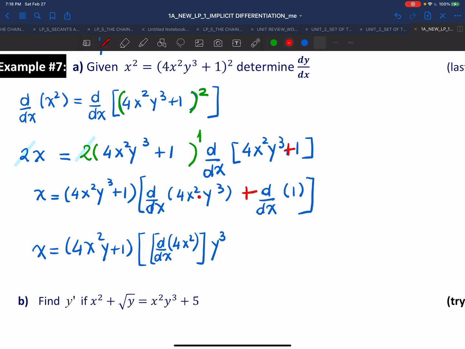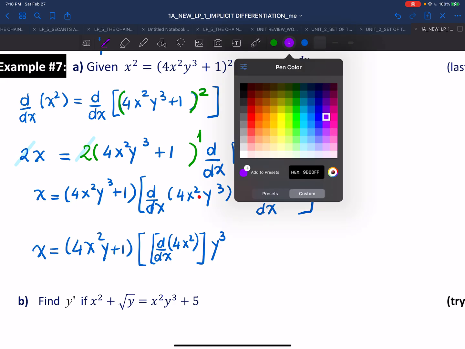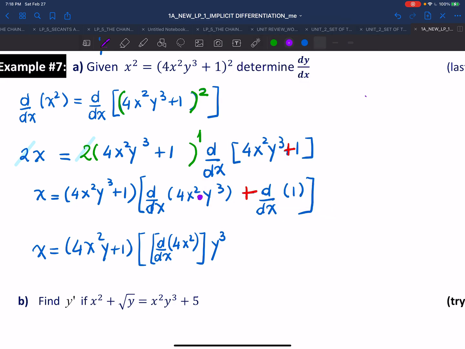And then plus, I'm going to change the color of it to indicate that these are together, plus product rule, right? So we have d dx of y to the power of 3 multiplied by 4x squared, the other factor.